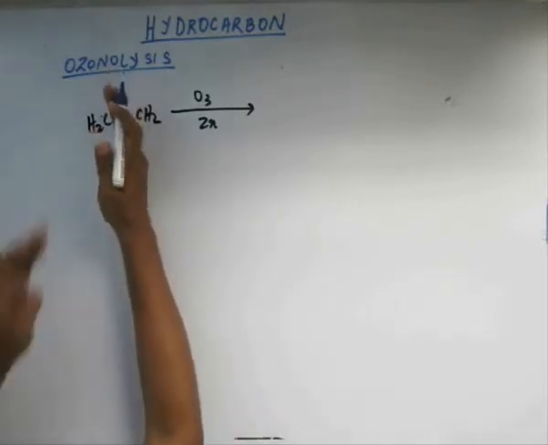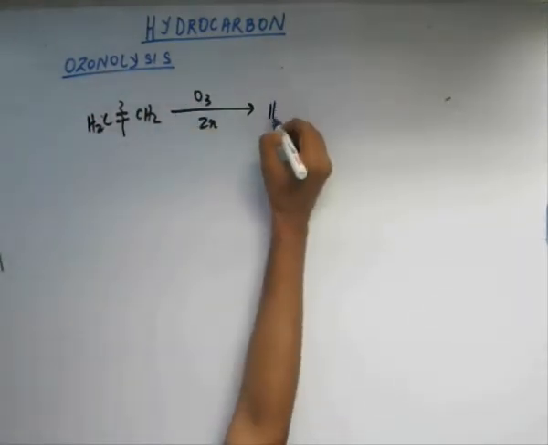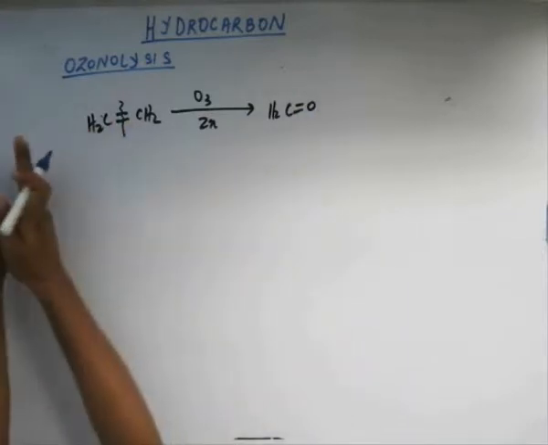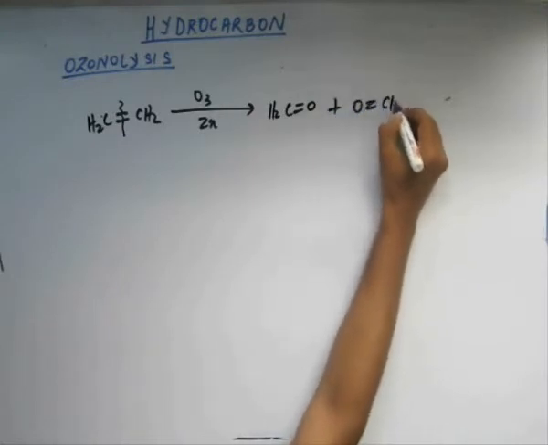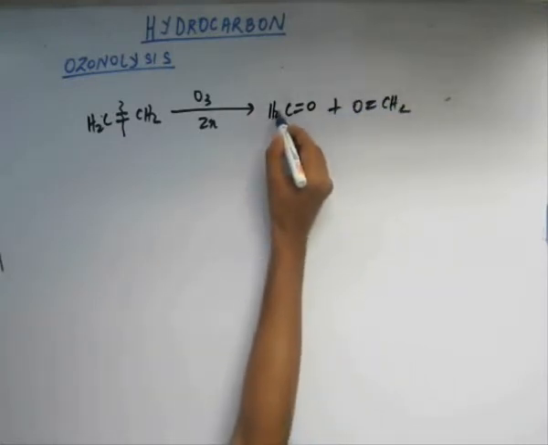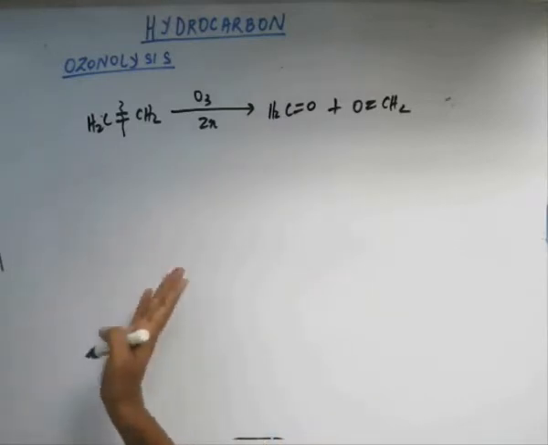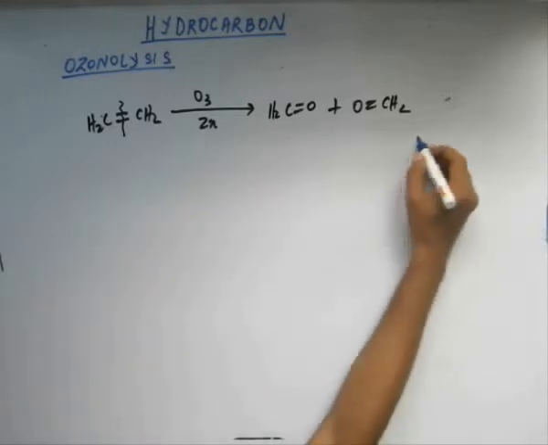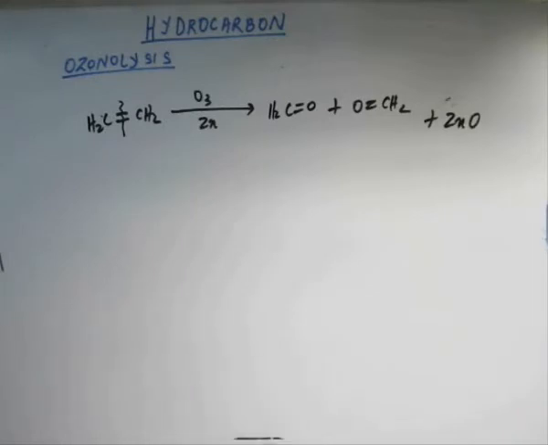So you will break it into two halves, and each carbon will form C double bond O. So you will get methanal, two methanal. This ethene will break into two, and you will get methanal from both sides, because it's a symmetrical alkene. If you want, you can write ZnO. If you don't want, you don't write it, doesn't matter. But you have to show the major organic products.